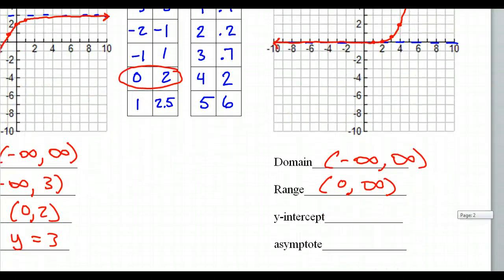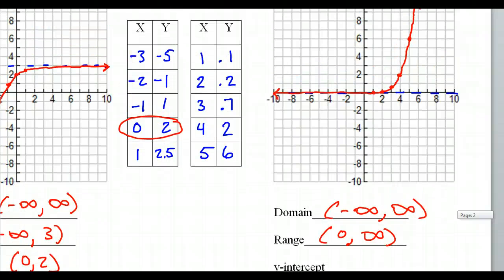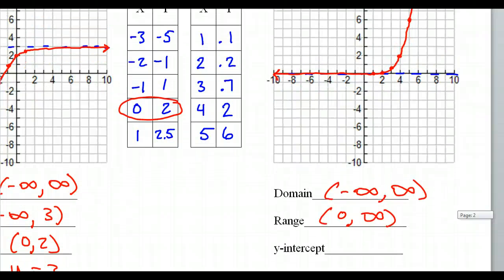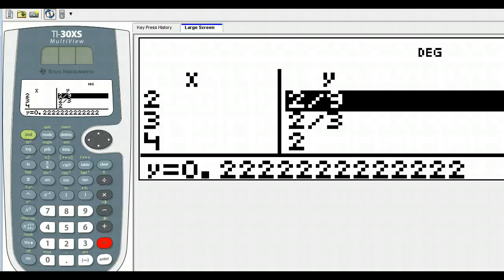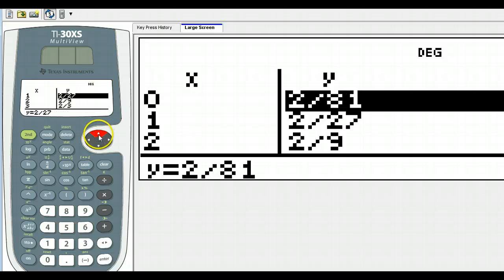The y-intercept is going to be found on the calculator. We know the y-intercept is always 0 comma something, and right now 0 is not being included on my chart. So look at your calculator and just scroll up to 0, and that'll be the y-intercept.